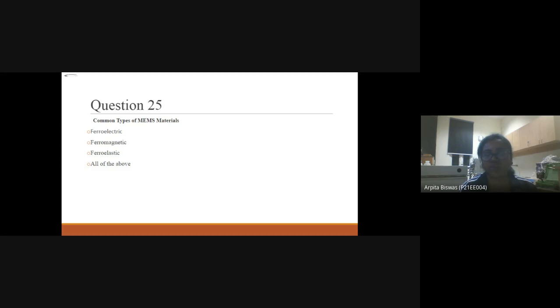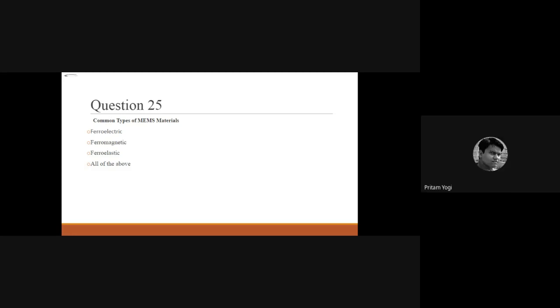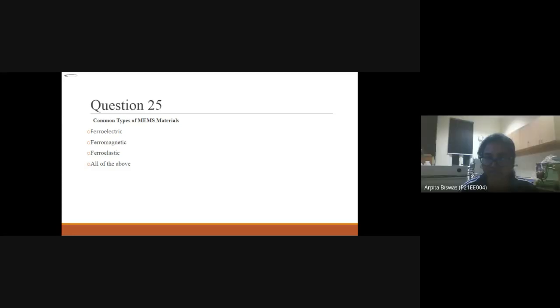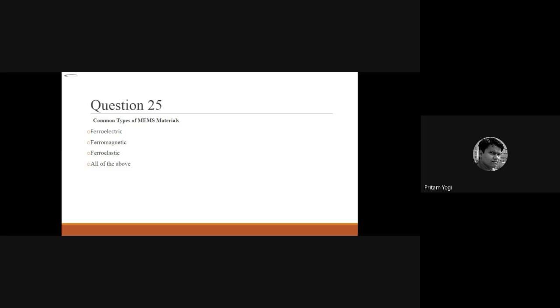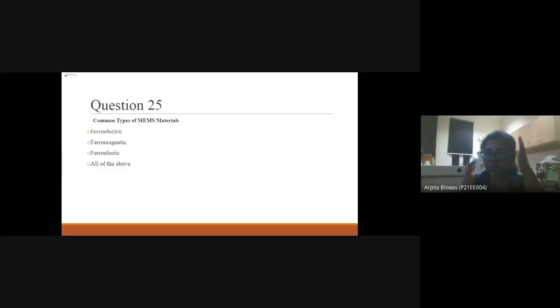On the front side we have to pattern the IDE pattern. I'm asking about the photolithography process: how you can fabricate an IDE pattern on the front side, and from the back side how we can pattern the diaphragm-like shape. I'm asking about the process flow.